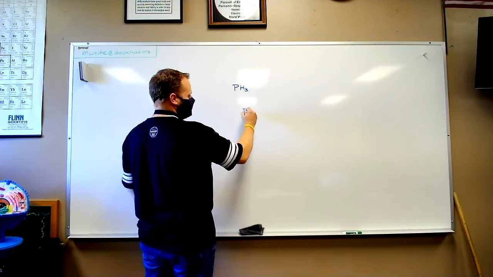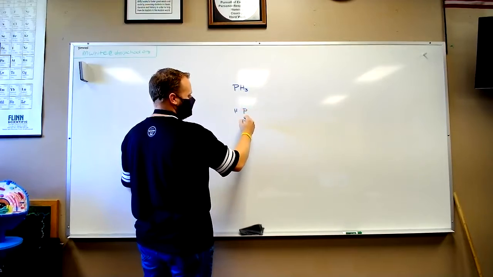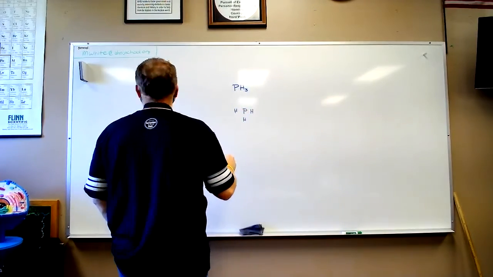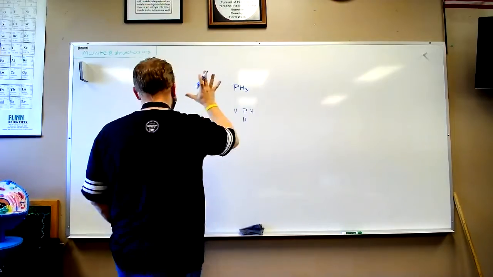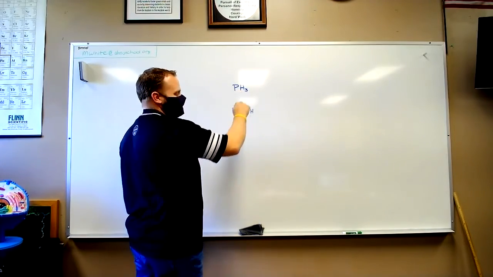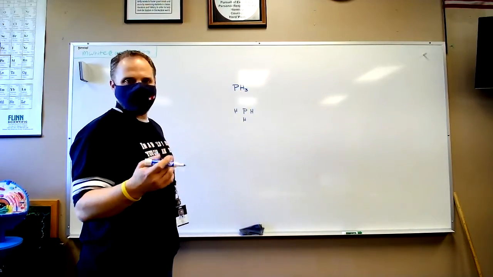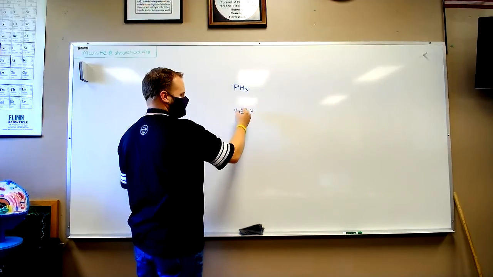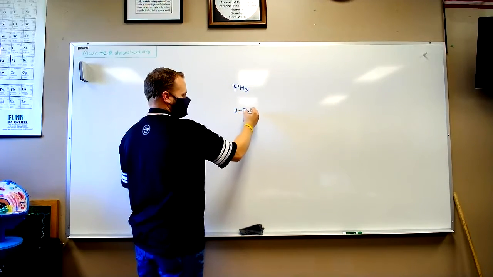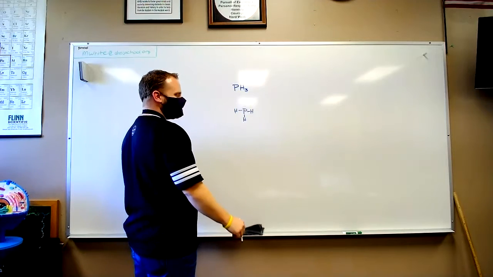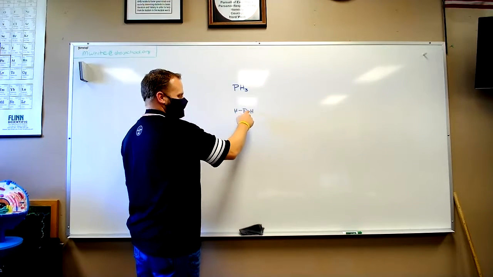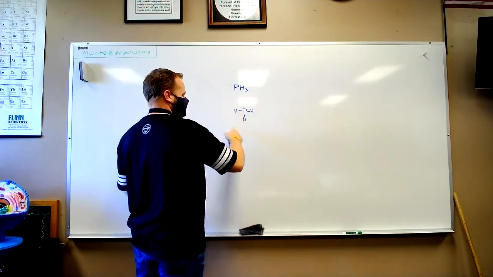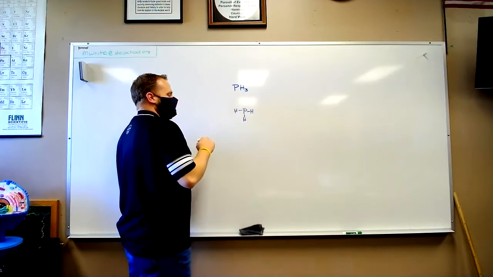So really what we're looking at is something like this. Phosphorus, 5 plus 3, so we need a total of 8. So 2 on the top. So we have 2, 4, 6, 8 total electrons. So this is going to be our Lewis structure.